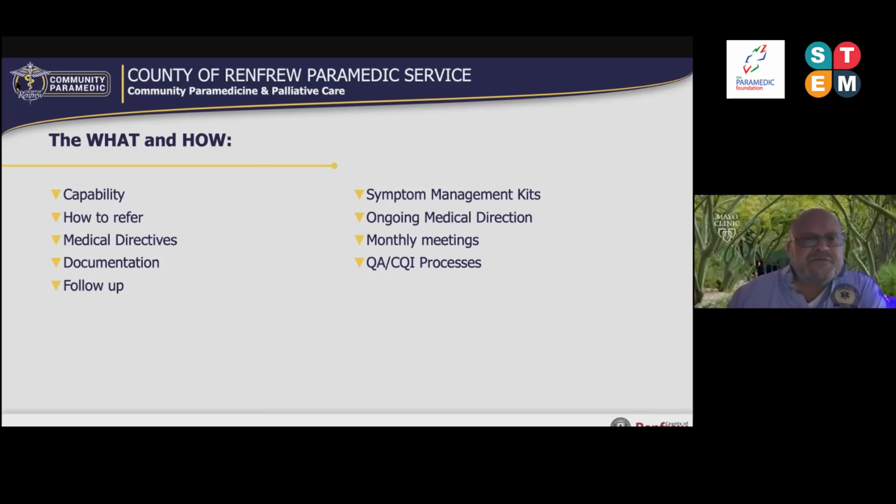So how to refer: sometimes we have clinics that will set up a special phone line for us so that the clinic will see a patient when there's no appointments available. They'll work them in. That's a pathway that's important.